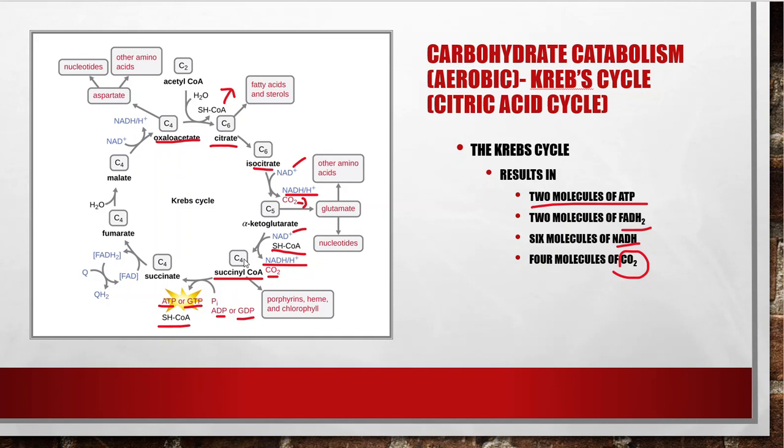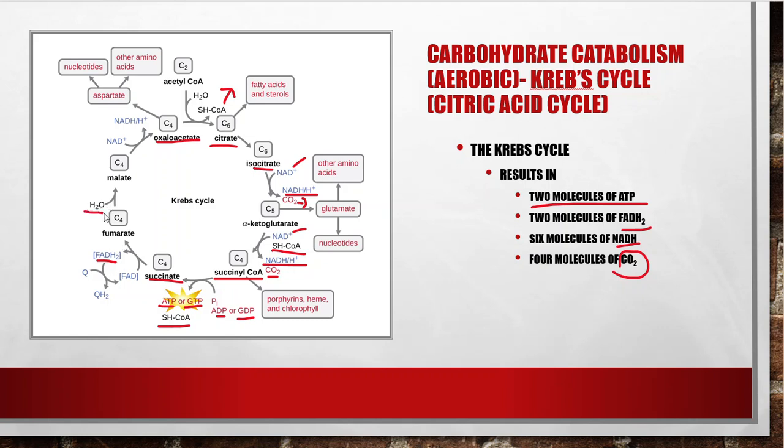Aren't we back at the end? No, because we still have hydrogens attached here that we can harvest. So after this is succinate. FAD comes in and grabs 2 hydrogens. This guy becomes fumarate.